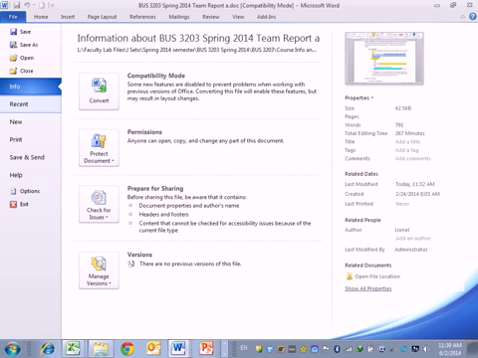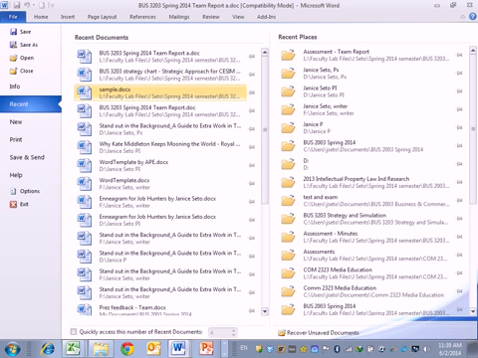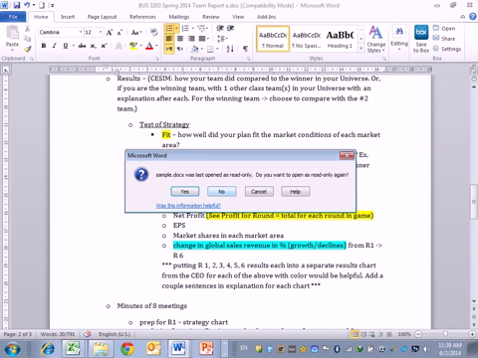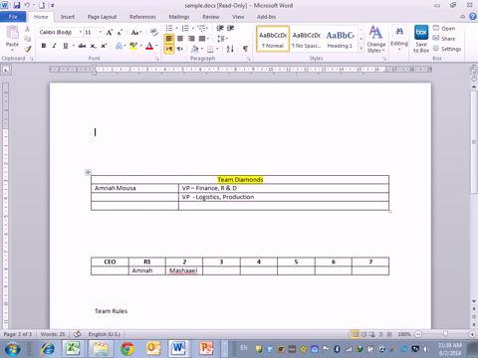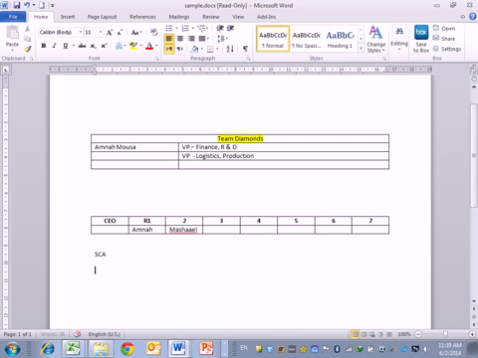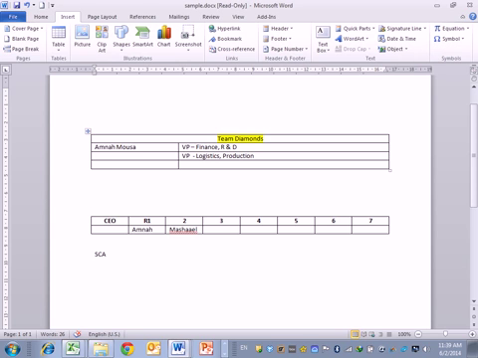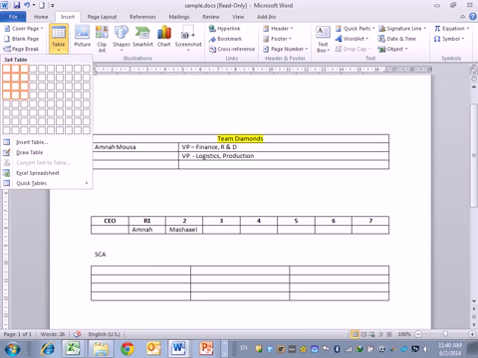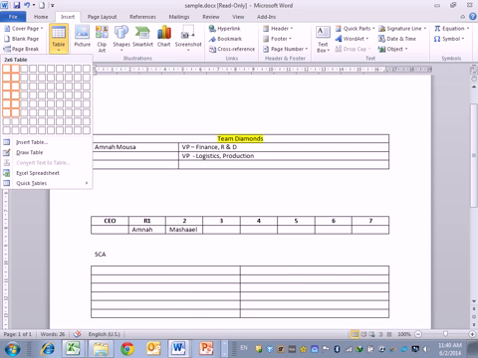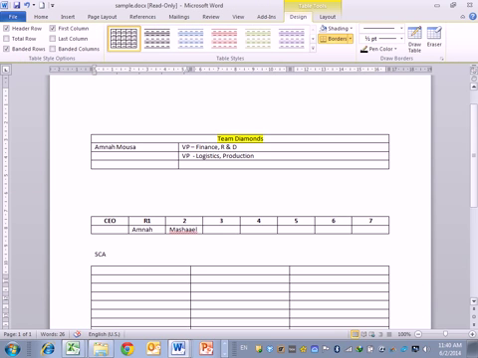Sorry, it's freezing again. Now, did we ask you to do this earlier? Because I don't think we did. So SCA. Insert a table or chart. Like this.